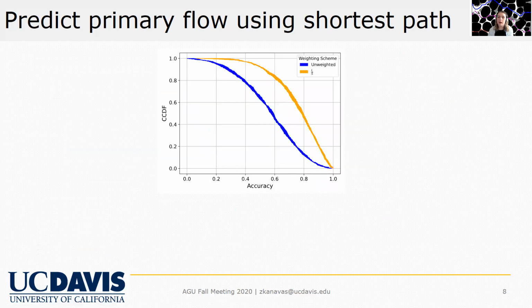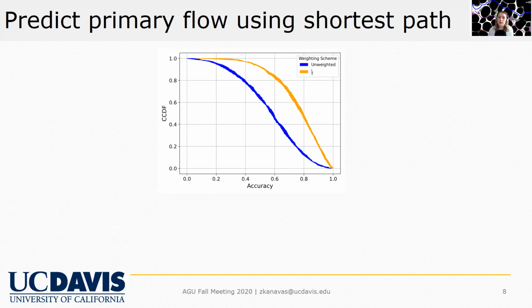Shown here is a complementary cumulative distribution function, which tells us the probability for a sample to have at least some given accuracy. From these CCDF curves, we can say that our solution, the L over S metric, will more accurately locate primary flow paths relative to our control, the unweighted scheme, which finds the path with the least number of steps across the sample.